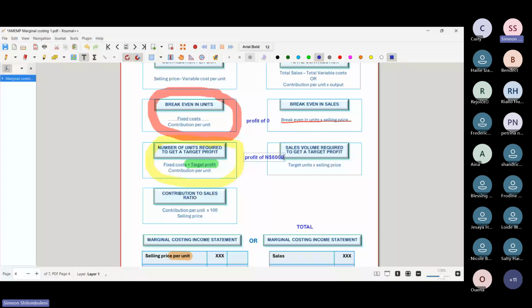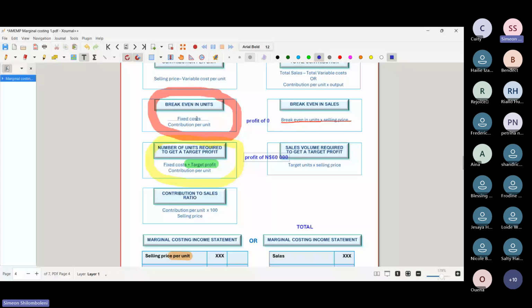The question is asking, how many units must I produce if I want to make a profit of 60,000? With this other formula, they are asking, how many units must I produce if I want to make a profit of 0? If I want to make a profit of 0, you must say fixed cost plus 0 divided by contribution.